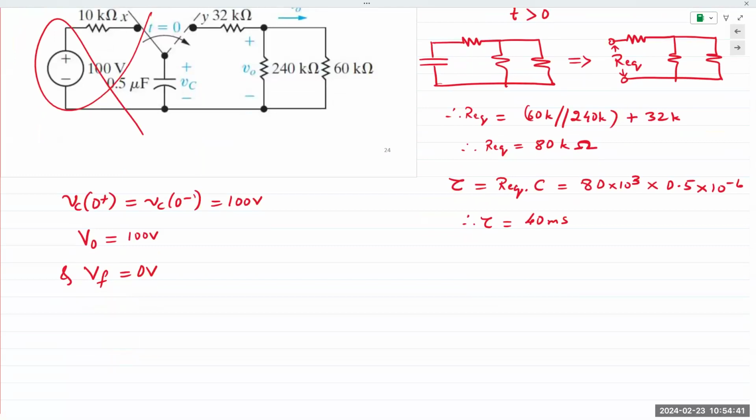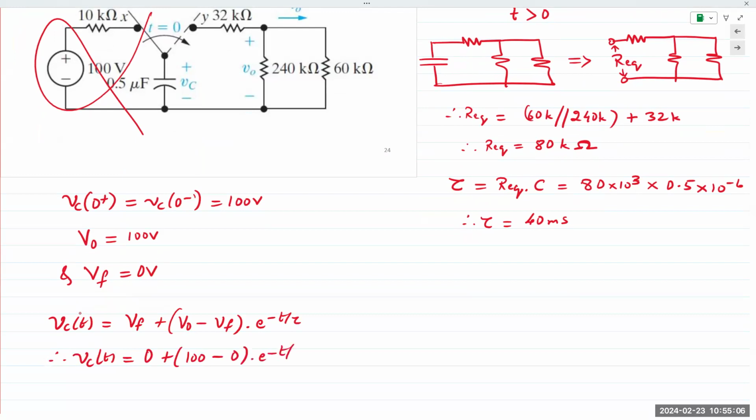Simply plug it into the equation, and you can write an expression for Vc of t as Vf plus V0 minus Vf, into e raised to minus t over tau. And so Vc of t is 0 plus 100 minus 0, into e raised to minus t over 0.04.